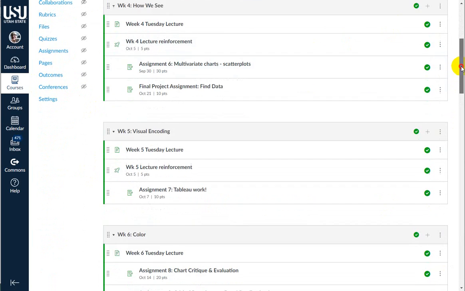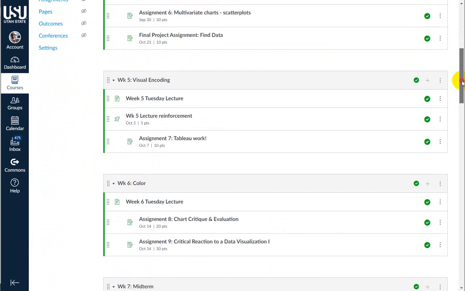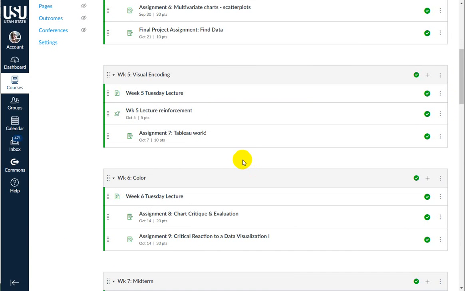One of them I want you to critique based on the things that we're talking about this coming week, how we encode data and how we decode maps and charts. Are the marks being varied according to their position along a common scale? Are we measuring lengths? So hopefully that'll make more sense when you listen to this week's lectures.